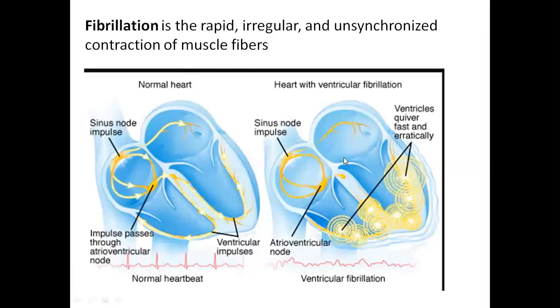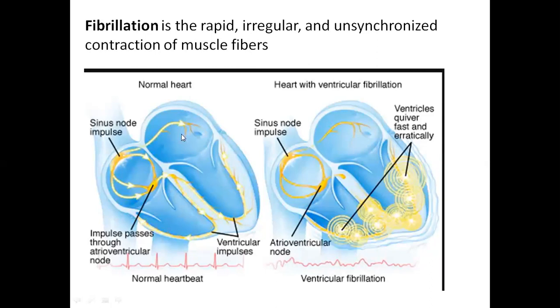There is one word, that is fibrillation. Fibrillation is when the rhythm of the heart is changing. Fibrillation is nothing but the rapid, irregular and unsynchronized contraction of muscle fibers.